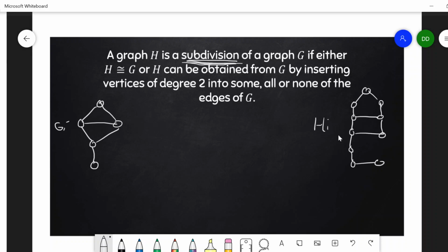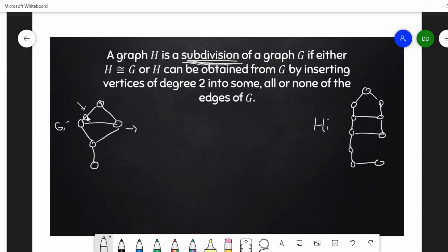That means that I can obtain H by subdividing some number of edges. Let's see how I can do this. I'm going to do this in steps, but we don't necessarily have to. I'm going to take this upper triangle in G and turn it into this 5 cycle up here. There's a couple of ways, but what I'll do is subdivide this edge twice.